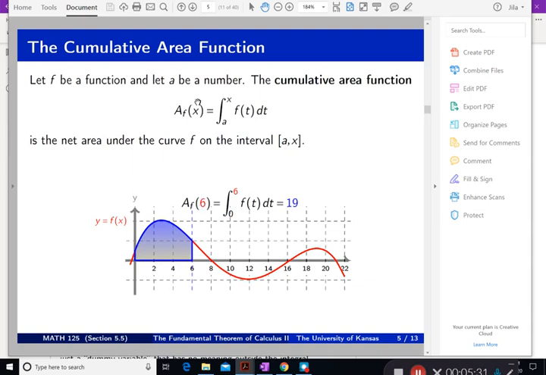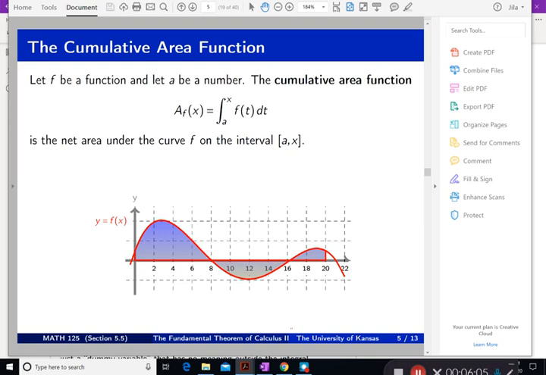Do you see that I'm plugging in 6 in A sub f of x, and I get 0 to 6, and then more. And now I'm subtracting the area underneath. So A sub f is decreasing, decreasing, and then starts increasing again, and if we continue further, we're going to hit where f of x is 0 again, and it starts decreasing again.